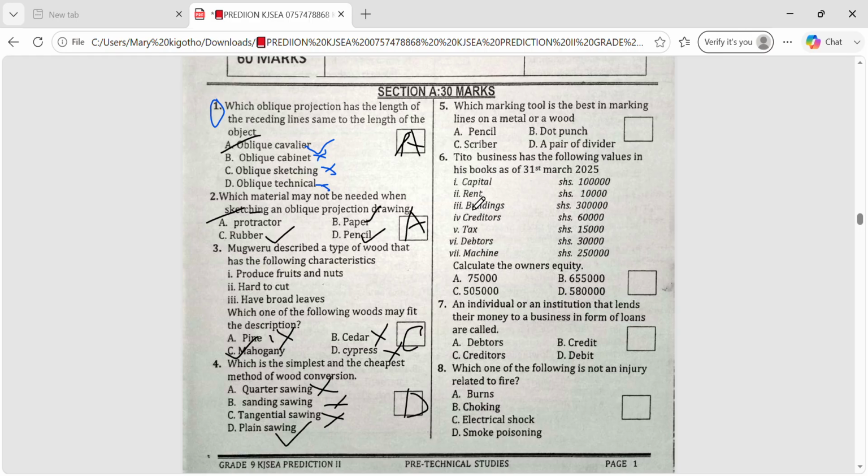Hope you have gotten your answer. Now I can see all of these are marking tools, but which one is best on metal or wood? A pencil can't work well on metal.